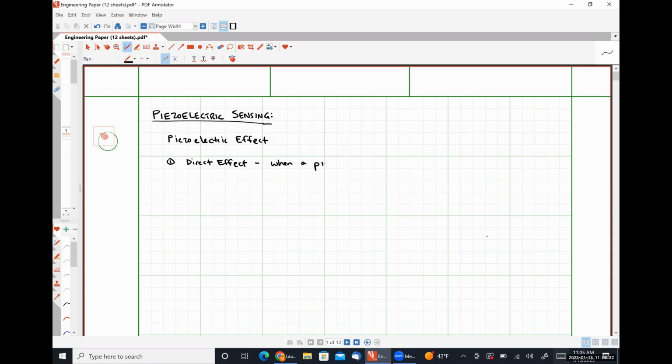when a piezoelectric material is mechanically deformed, so meaning it undergoes some sort of strain, an electric field is generated across the material.